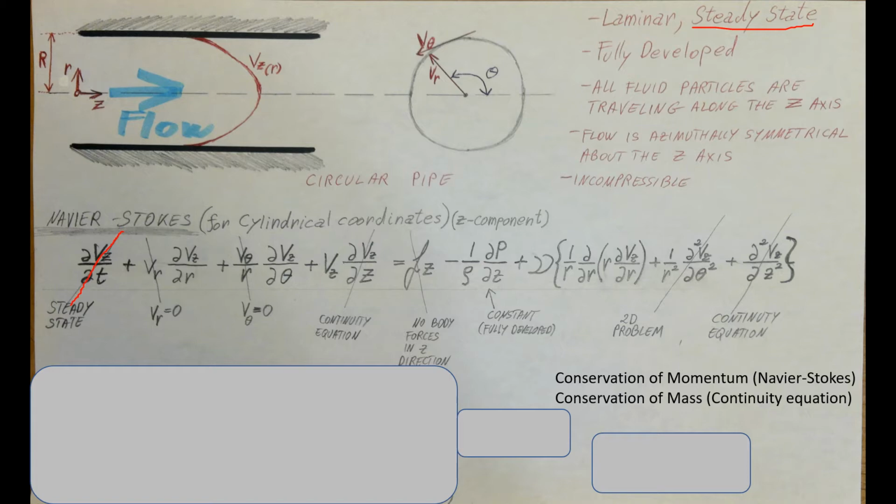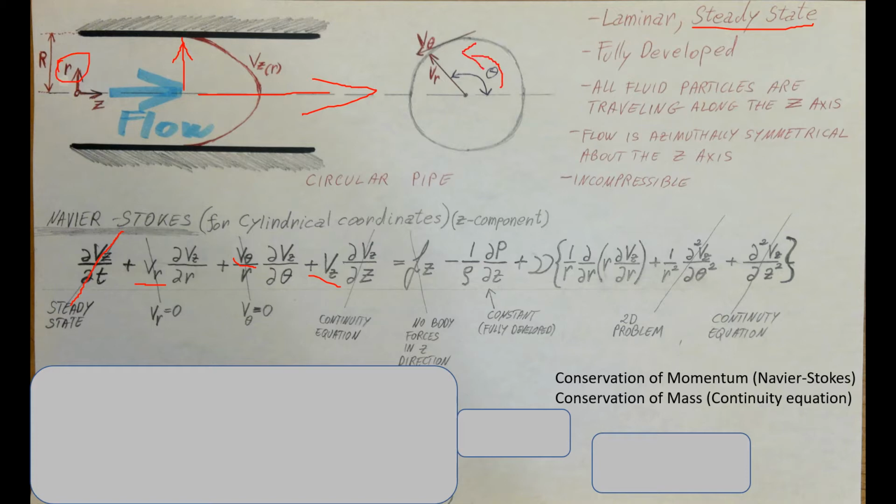Now, let's take a look at Vr, Vtheta, and Vz. These are the three components of our velocity, right? They told us that this is a one-dimensional flow and every component of the flow is heading in the z direction, meaning that no molecules in this fluid are heading towards the wall, which would be the r direction, or heading in the theta direction.